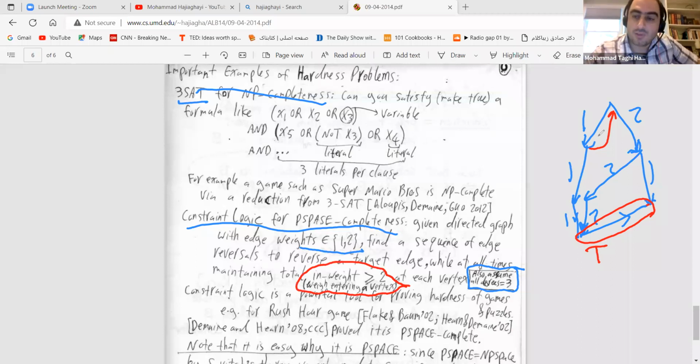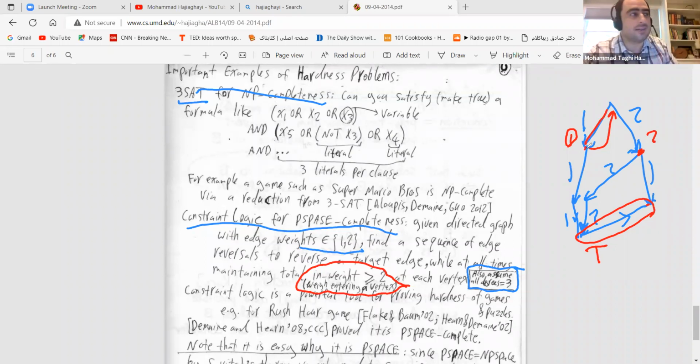What's the meaning of that? At any time, for example for this guy, the incoming weight is 2 because an edge of weight 2 is coming in. Here, the weight of incoming edges to this guy is only 1. So this is violated, and this should not be the original graph. In the original graph, the weight of everything coming into each vertex should be at least 2, for all vertices.